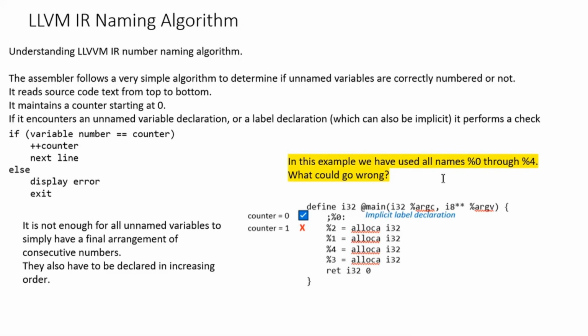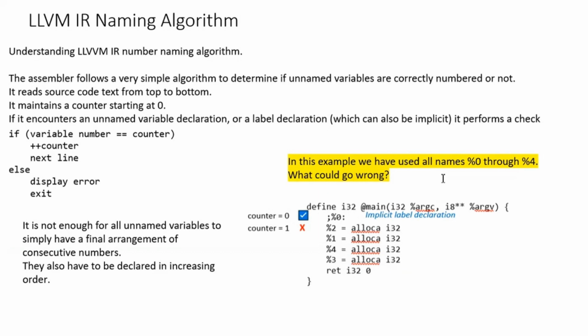So in the first line, it sets its counter to be 0 and checks: is the variable number equal to the counter? Yes, it is. Good. Increment counter, go to next line. Now it checks: is the variable number equal to the counter? No, it is not. So it displays an error and exits. It stops parsing your program.